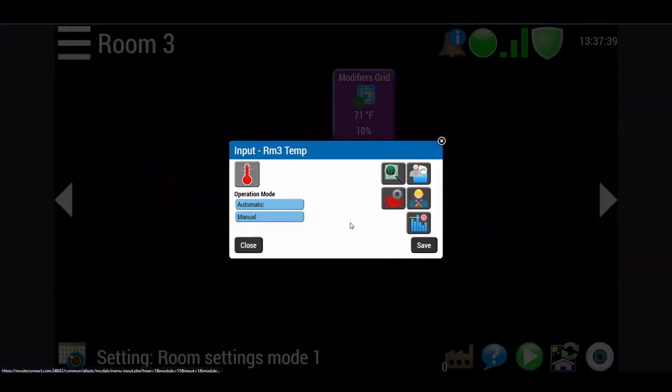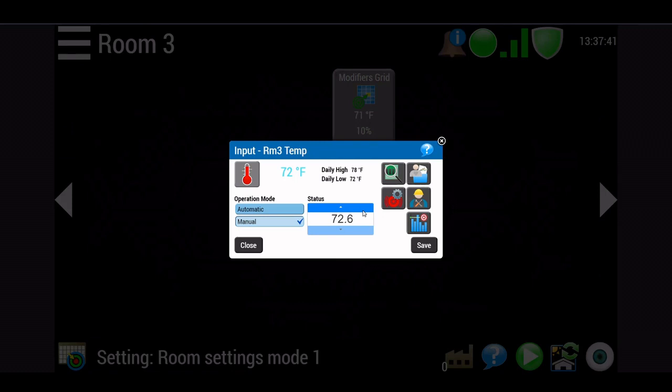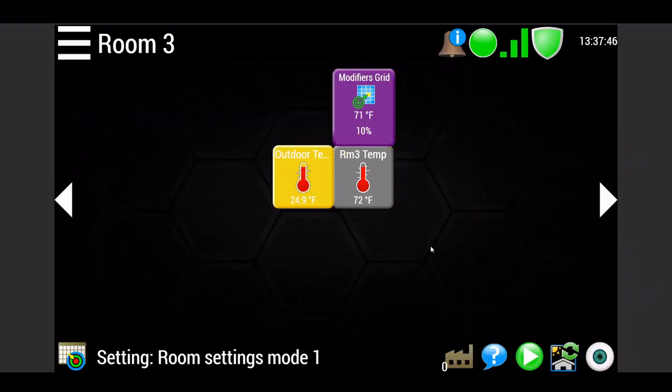So let me bump this up to 76. At 76, give it a moment. There we go. So 76, and then we see the adjusted temperature is 73 and 30%.